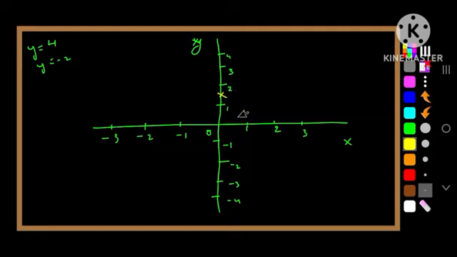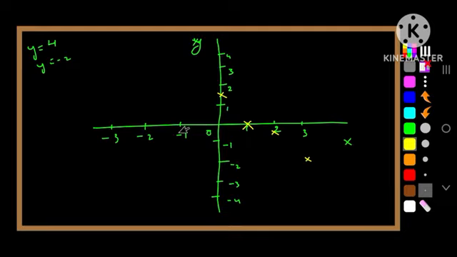So similarly for 1 I am getting 1. So this will be the point. For 2 I am getting 0.5. So 0.5 will be somewhere here. So similarly for 3 I am getting minus 2. So this will be the point 3, minus 2.